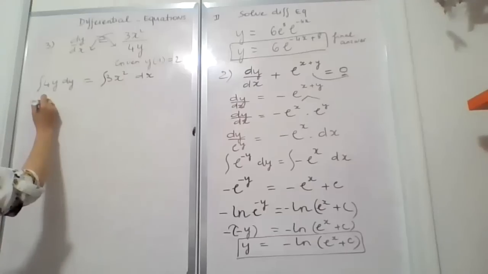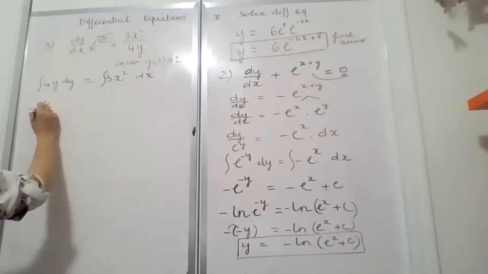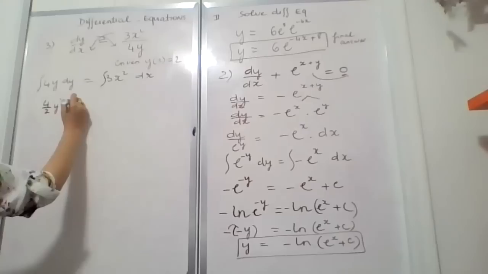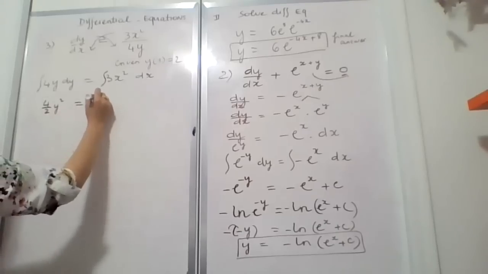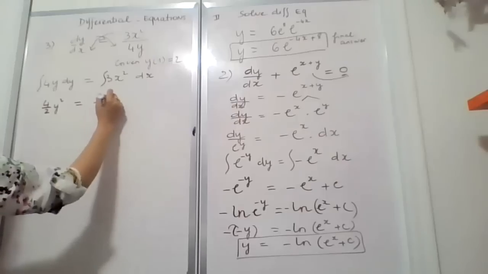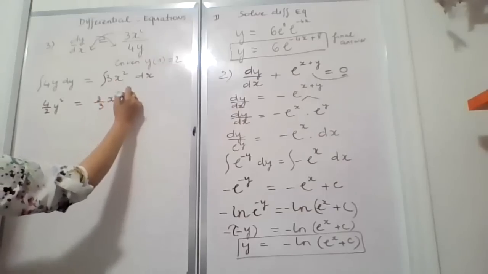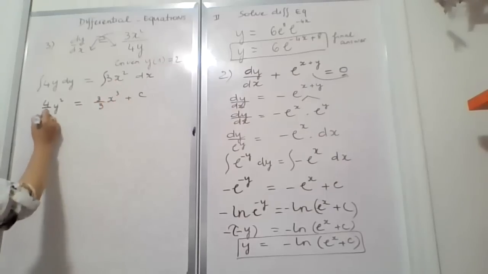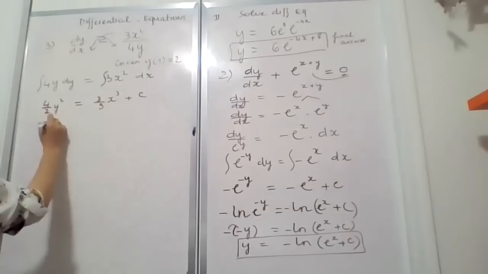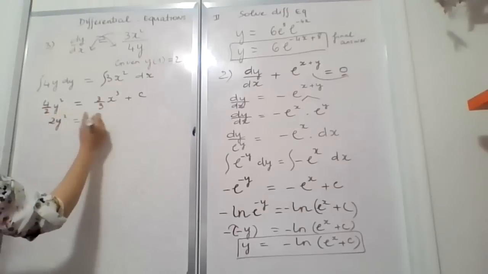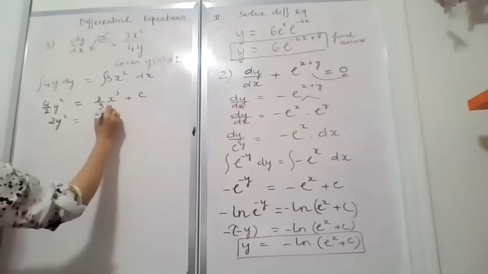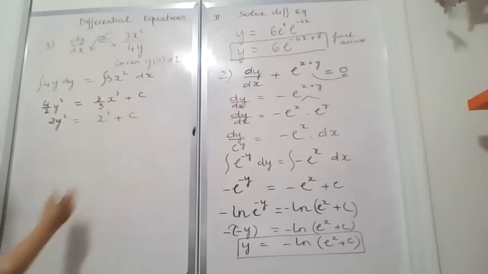So this will become 4 divided by 2 y squared equal 3 divided by 3 x to the power 3 plus c. So 4 divided by 2 is 2y squared equal x to the power 3 plus c.